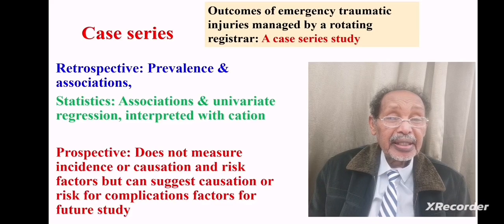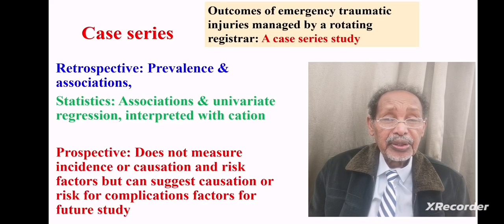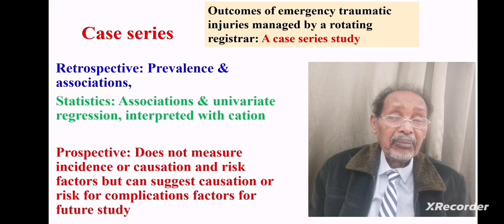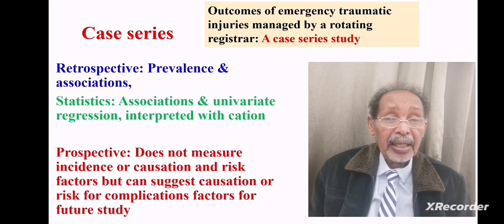Let us now discuss another example, or speak about the case series. I think I have already mentioned this. Usually it is a retrospective sort of study, and usually it speaks about prevalence and frequencies and associations.